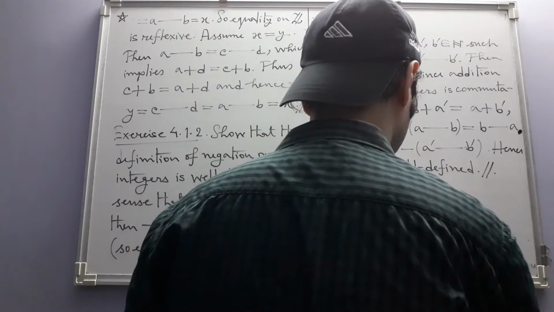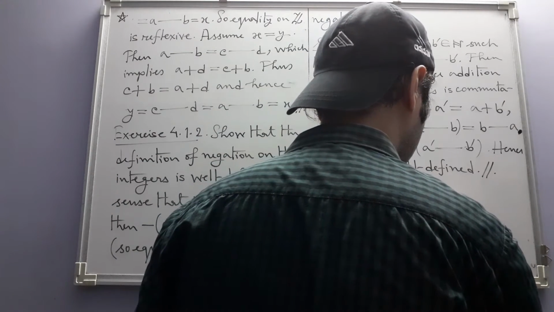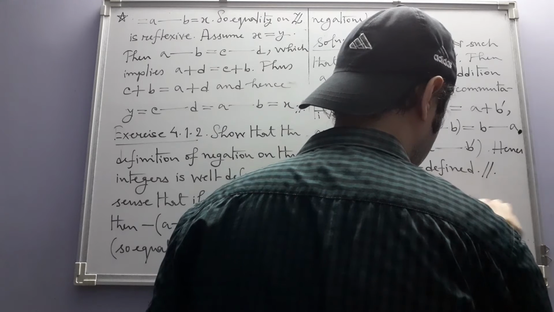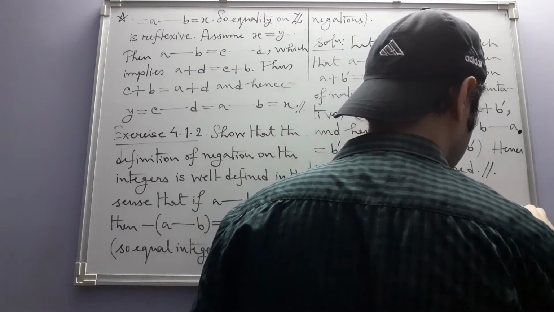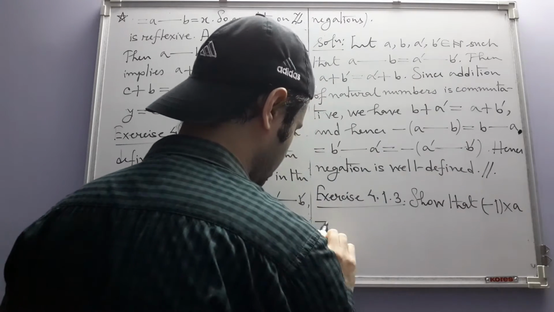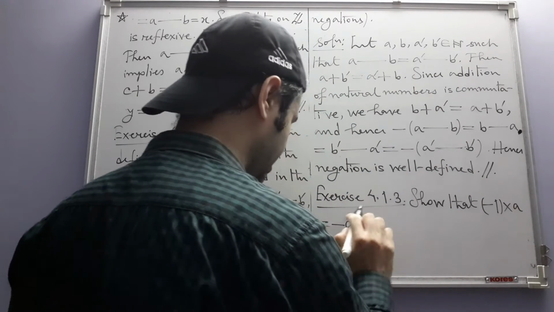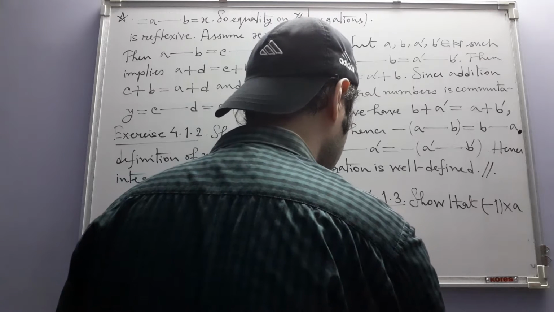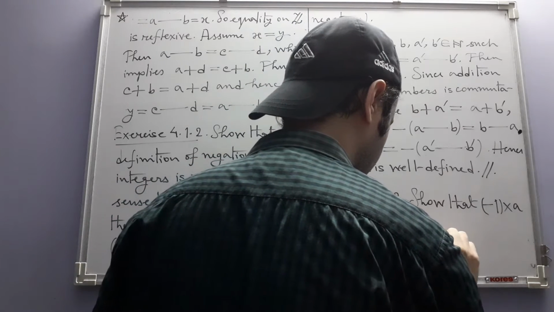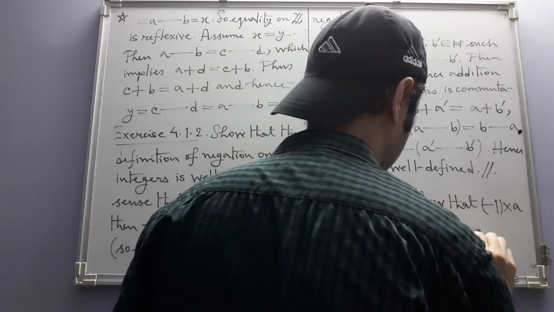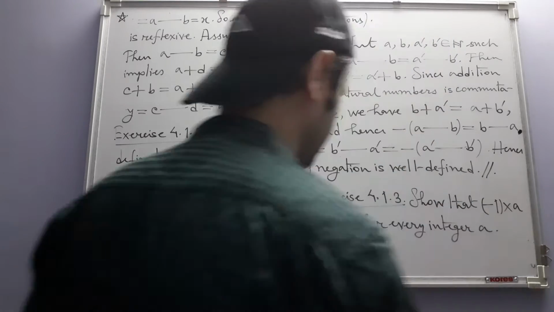Show that minus 1 times a is equal to minus a for every integer a.